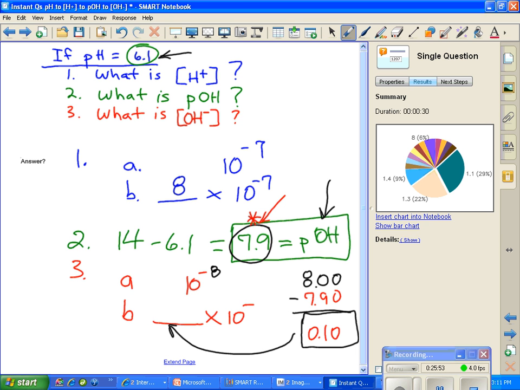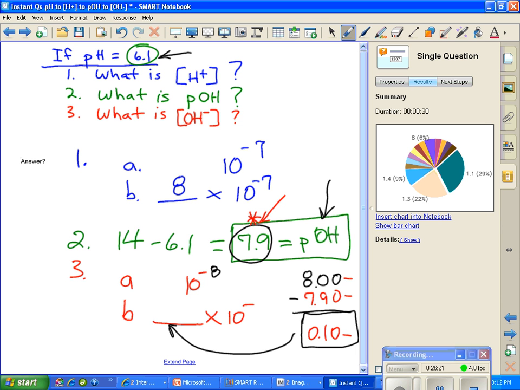Now that 0.10 is what we have to look up on our log chart. On the right-hand column, those are logarithms. We look at that, and it's between the 0.00 and the 0.30. It's about 1/3 of the way.